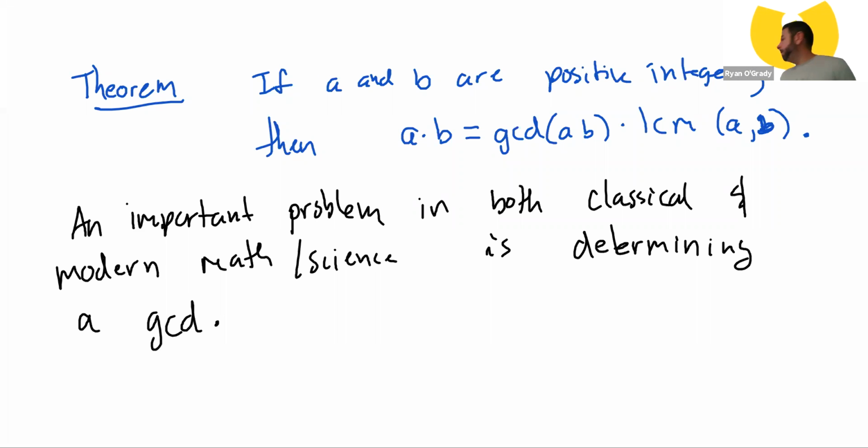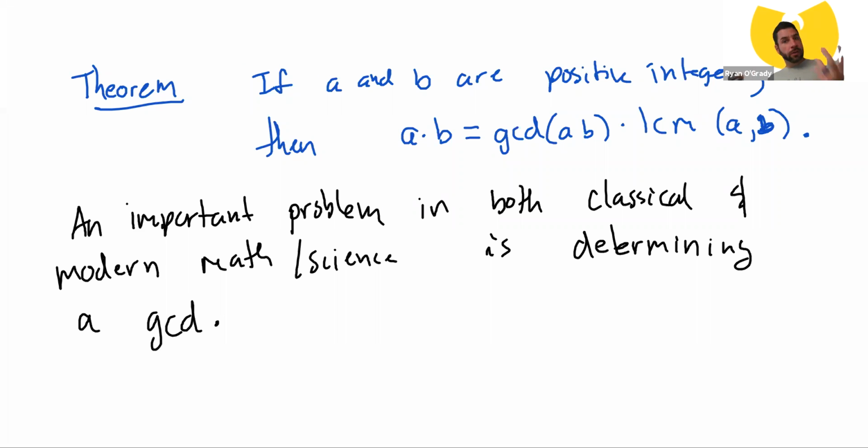So again, I've alluded to this, and let me say it again. Determining GCDs is not just busy work for a 6th grader. In many applications of number theory, in particular cryptography, or the science of code, it is very important that we know if two things are relatively prime. It's very important if we know more than two things are pairwise relatively prime.